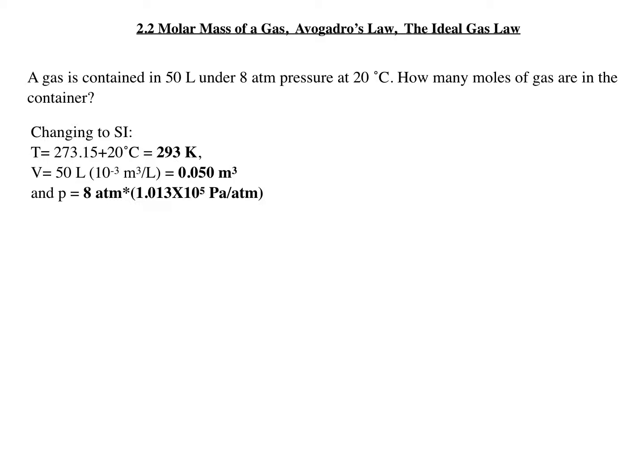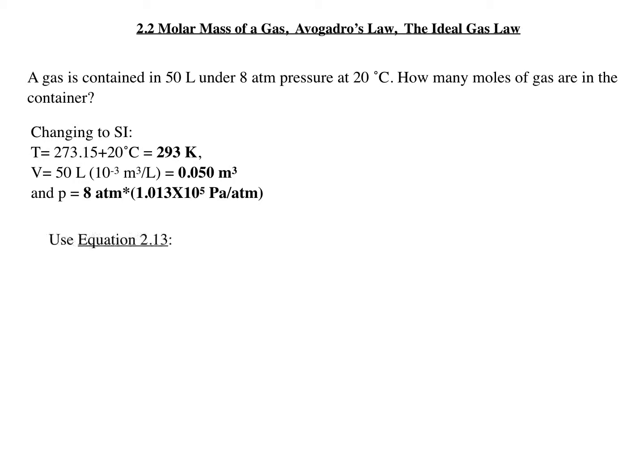And similarly, the pressure is given in atmospheres, 8 atmospheres. So we convert them into pascals by multiplying with 1.013 times 10 to the 5 pascals per atmosphere. So now we have worked the units up into the SI.